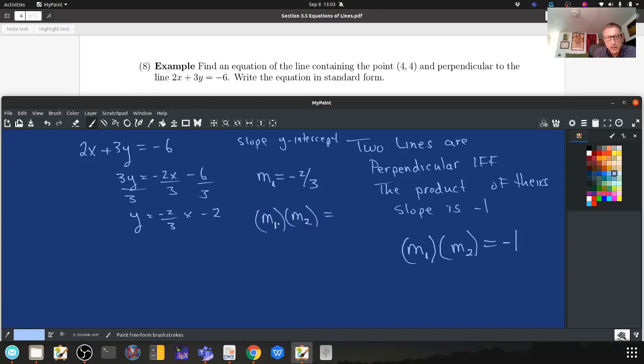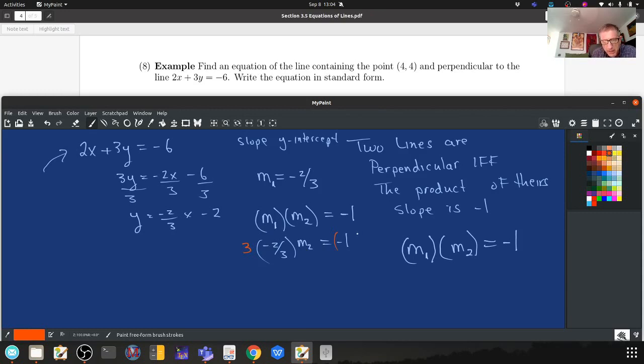So that means we want to find the slope of my new line, right? So M1 is the slope of this line times M2, the slope of my new line, is going to be equal to minus 1. So I have minus 2/3 times M2, that's my unknown here, is equal to minus 1. So what do I do? I multiply both sides of the equation by 3, which clears the denominator.